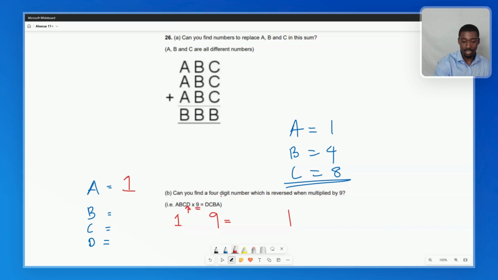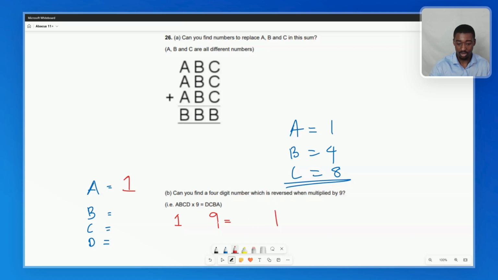at the end. So for example, if D was 2, then multiplying it by 9 gives us 18 with an 8 at the end. If D was 3, multiplying it by 9 gives us 27 with 7 at the end. So you can go on like this for every single number, and you realize that the only number that gives us a 1 when multiplying it by 9 is going to be that 9.